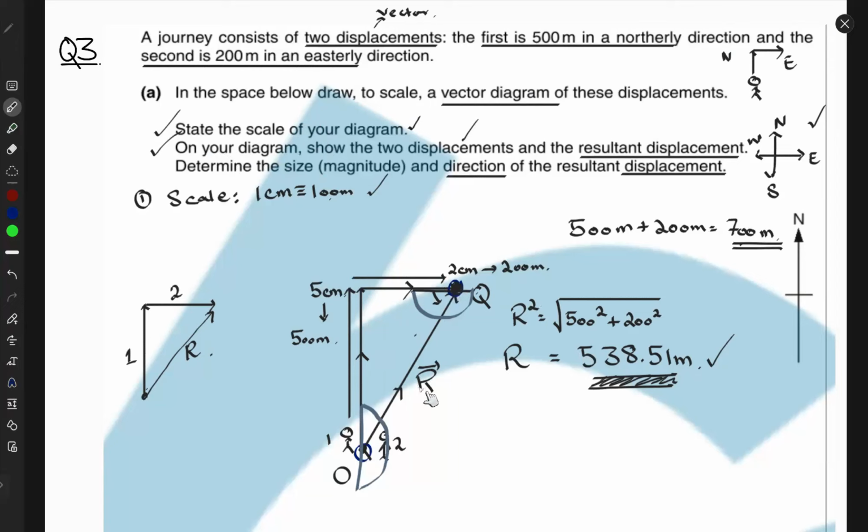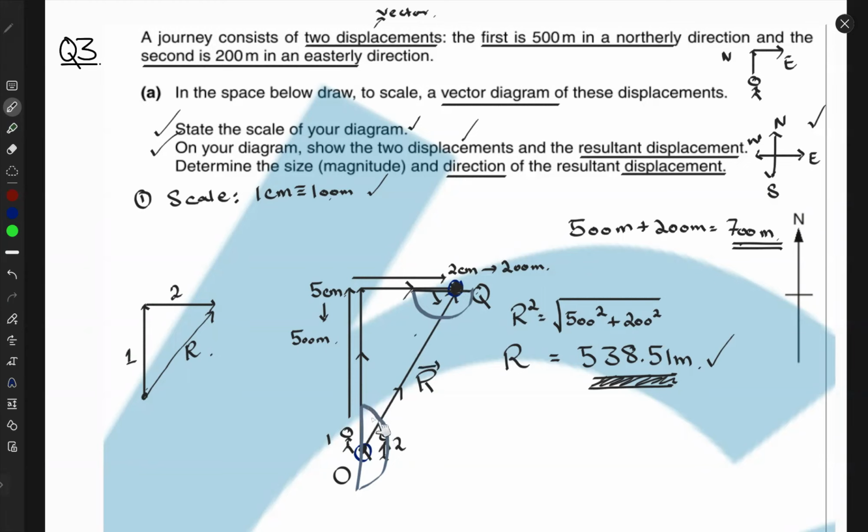The resultant vector was found by simply drawing this vector and then using a scale to measure this vector.